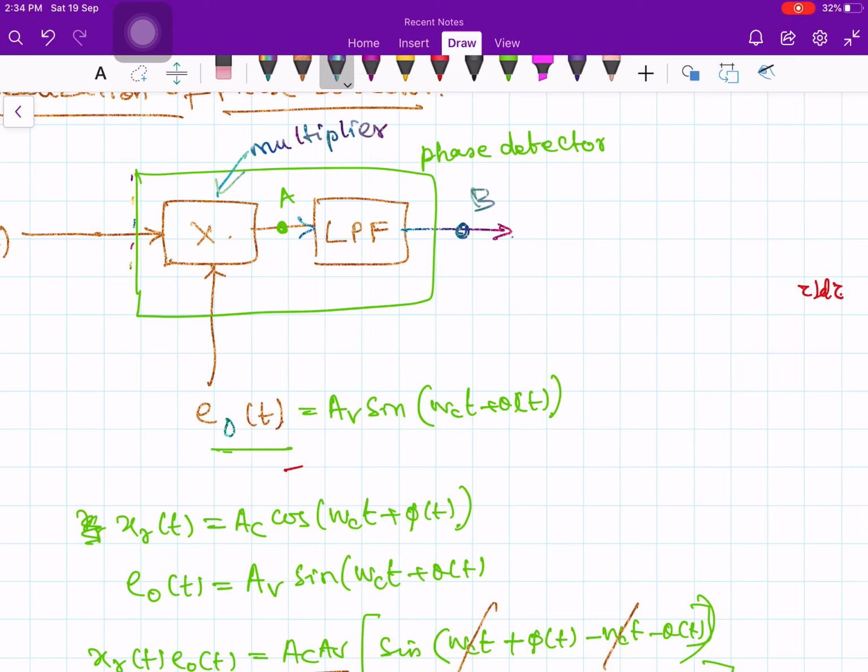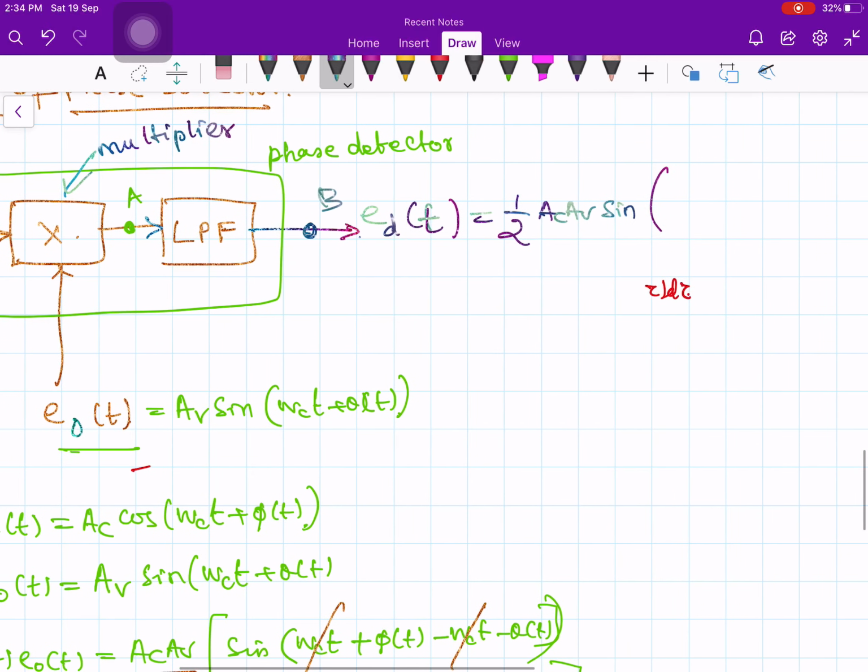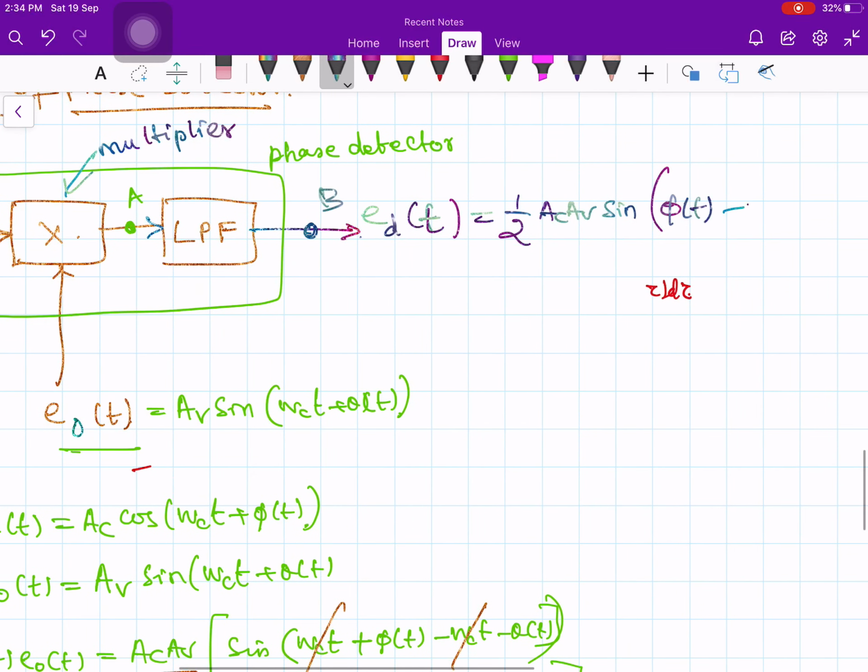Therefore this difference output e suffix d of t is equal to 1 by 2 A_c times A_v times sine of phi of t minus theta of t.